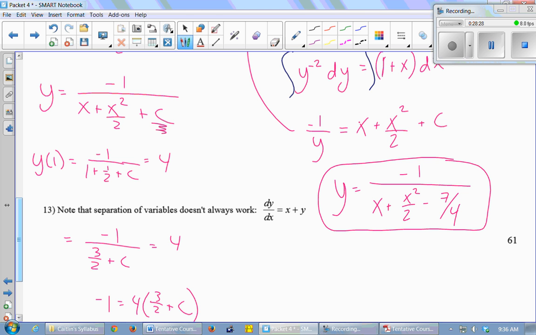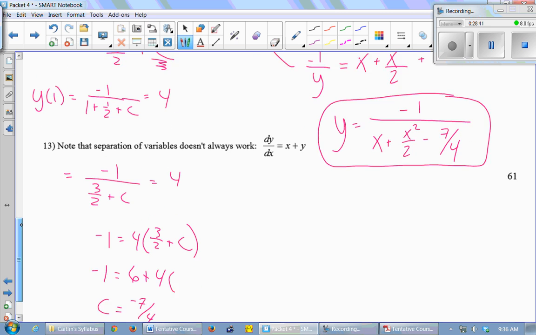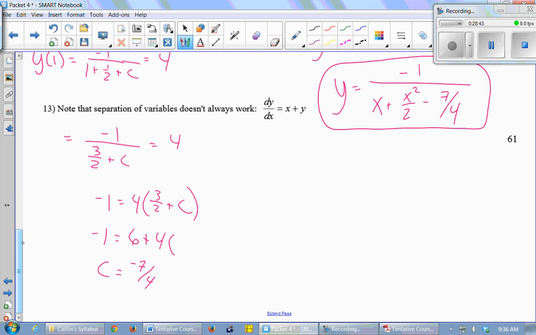Okay, separation of variables is a very limited technique, right? We just used that technique on these two, where you have to put all the x's with the dx, all the y's with the dy. It's handy, but it's a limited technique. It doesn't always work. If I look at dy/dx equals x plus y, how do I get the x's together and the y's together?